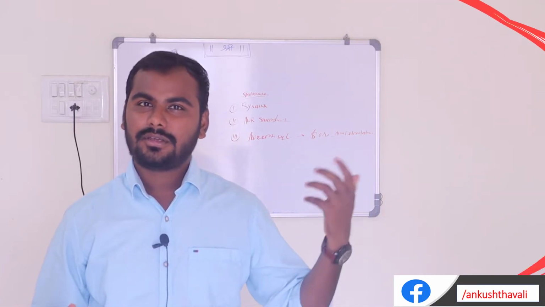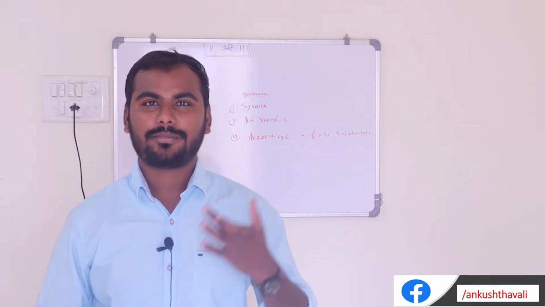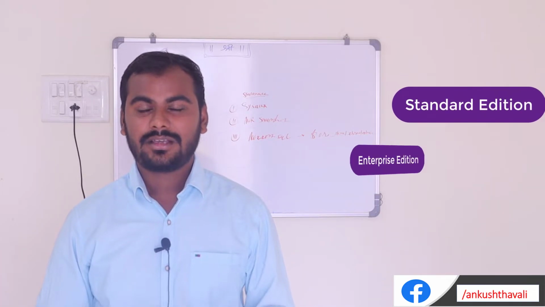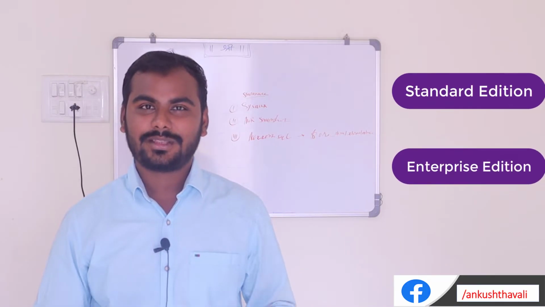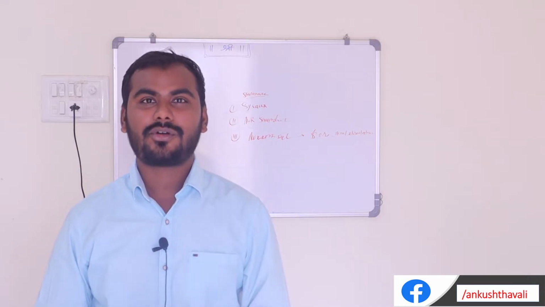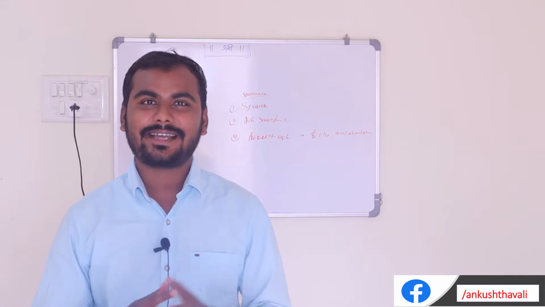Again, what kind of license do you need for the AWR report? See, the Oracle database comes in different editions. We have the standard edition and the enterprise edition. The standard edition does not come with the AWR report. If you want to take a report for the standard edition, there is an alternative way, which we call Statspack. Statspack is something similar to the AWR report.